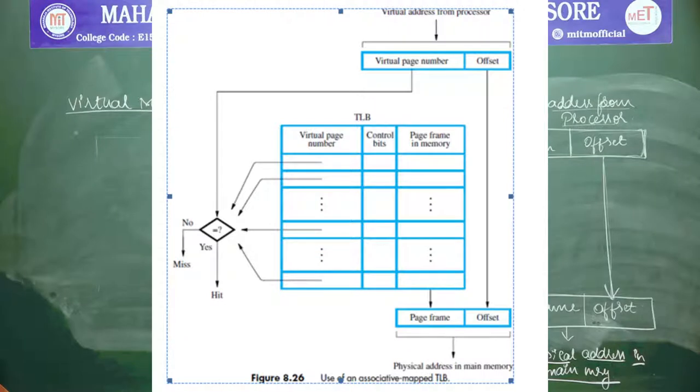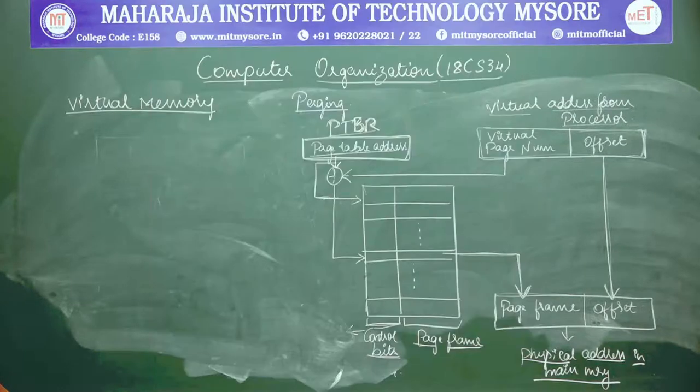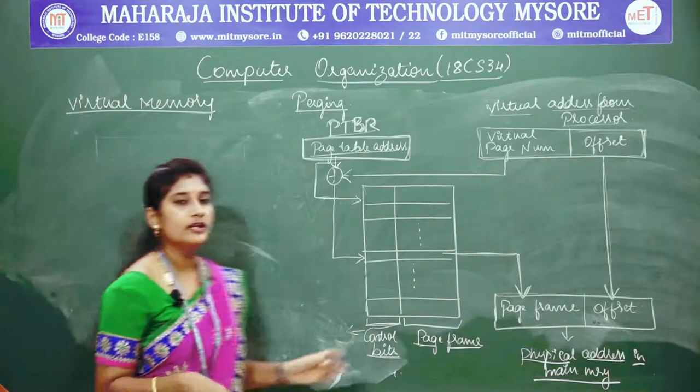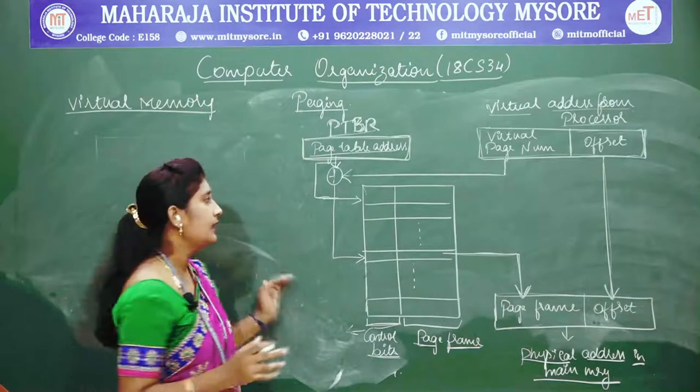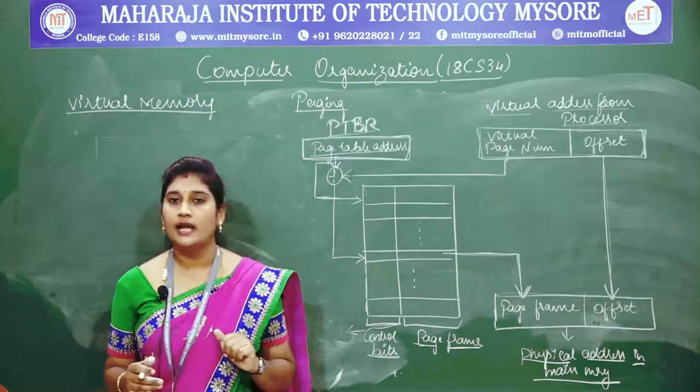So the pages which are present in your memory will be coherent with the TLB contents. When the operating system changes the contents of the page table, the corresponding entries in the TLB must be invalidated using a control bit. Fine. So this is how you deal with the implementation of your page table entries.